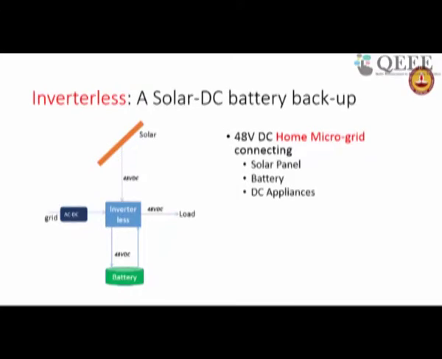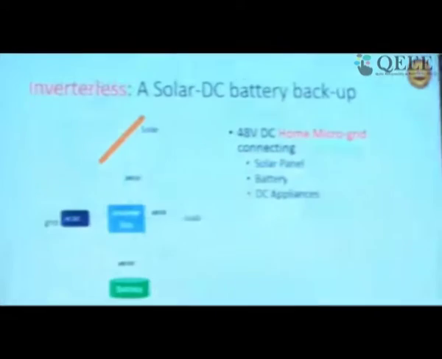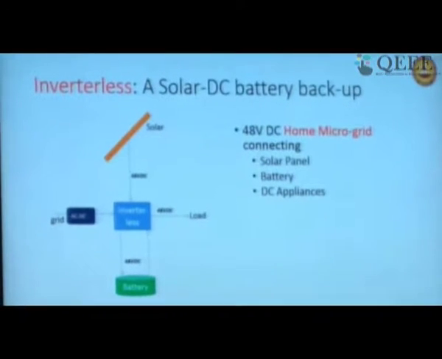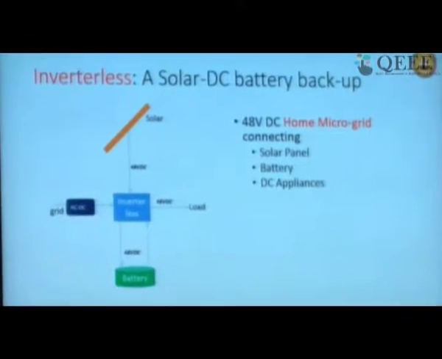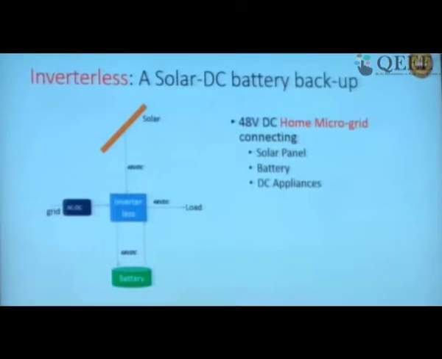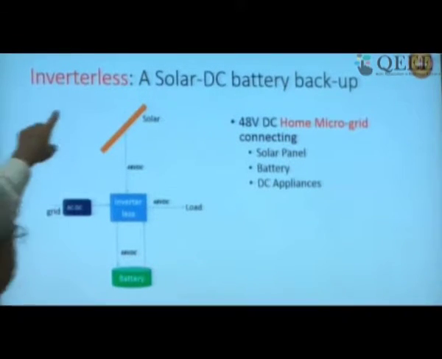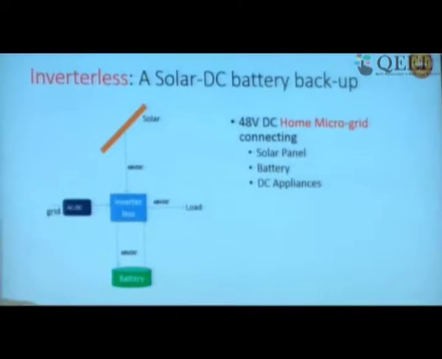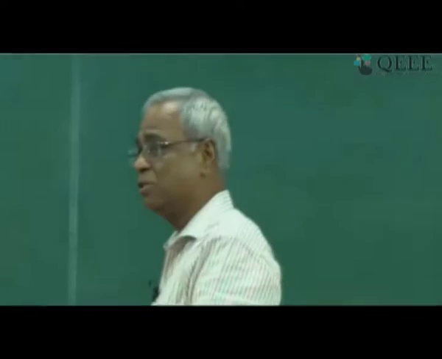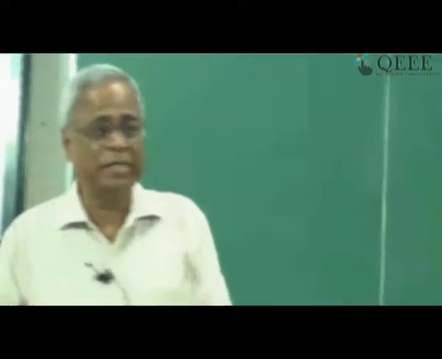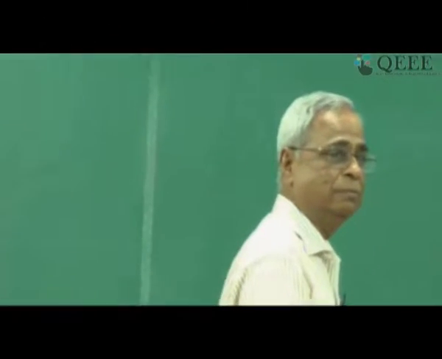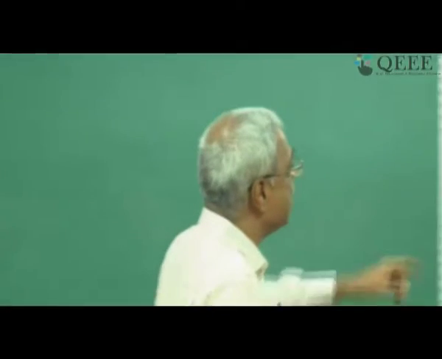Look at what this is. Solar is producing DC, in this case 48 volt DC. It doesn't matter, you could do another voltage, but we have chosen 48 volt, and I'll tell you why a little later. So it produces 48 volt DC, and there is no inverter, no DC to AC converter, because it remains DC.